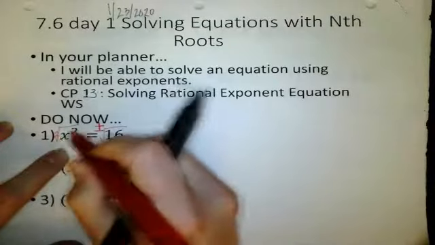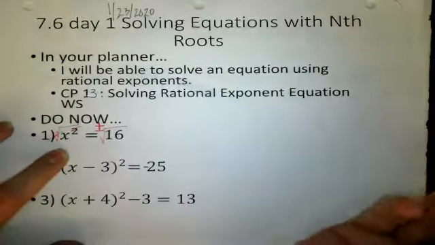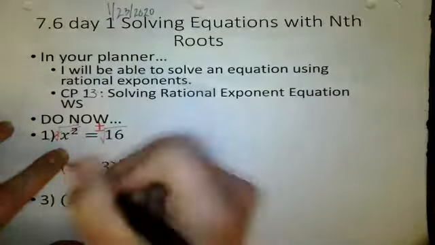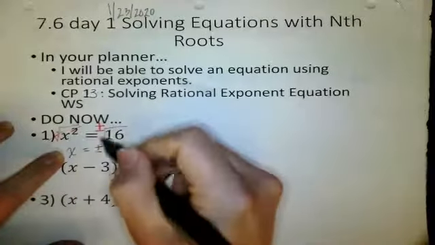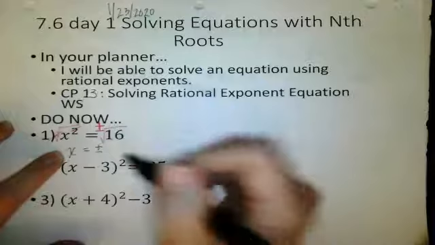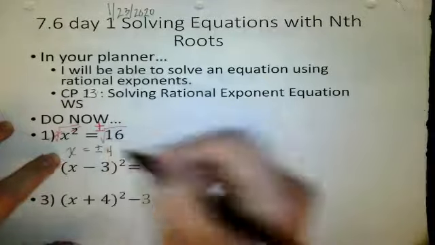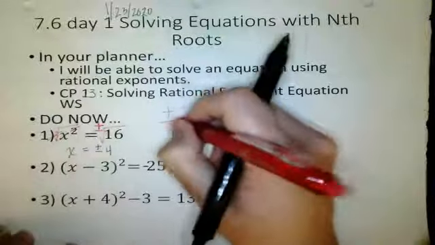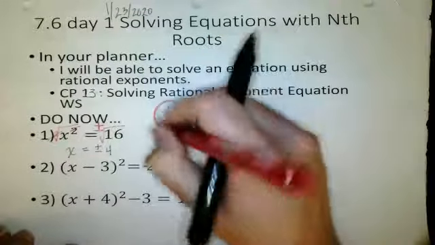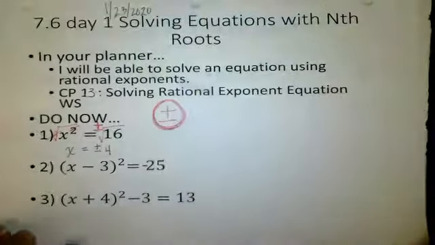The square root and the square undo one another. They cancel each other out, leaving x all by itself. And we get plus or minus. What is the square root of 16? 4. Yeah. So we get two answers. And so this was a big thing. If we were taking a square root, we wanted to remember, don't forget the plus or minus.